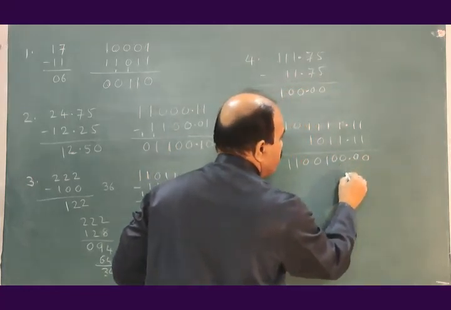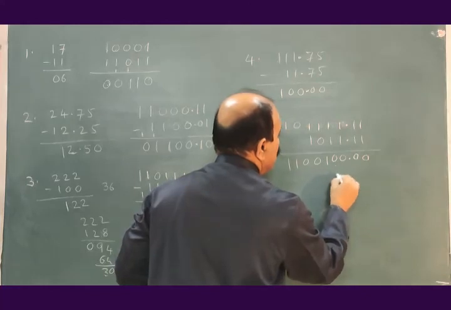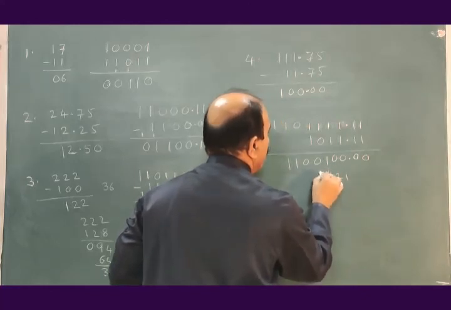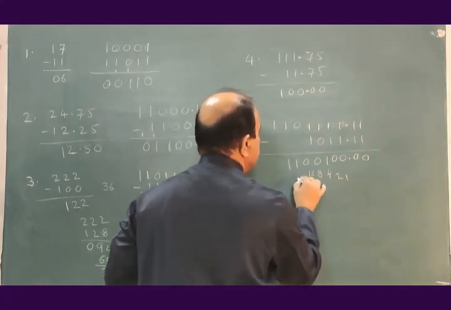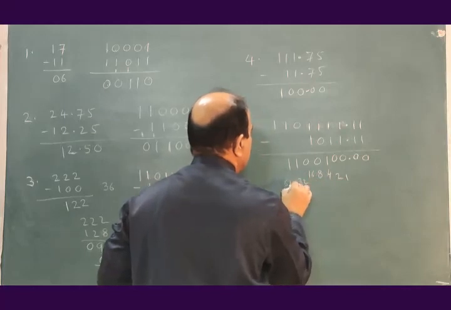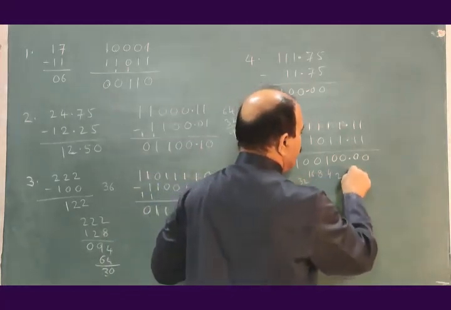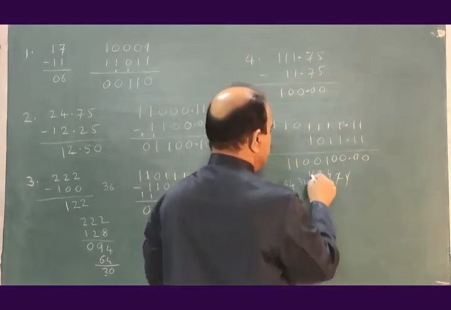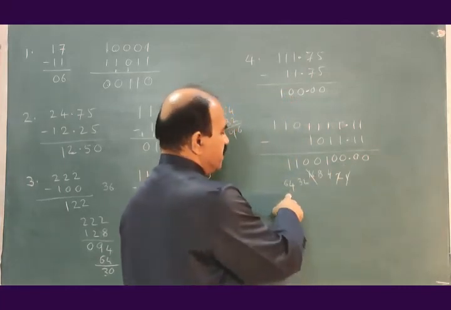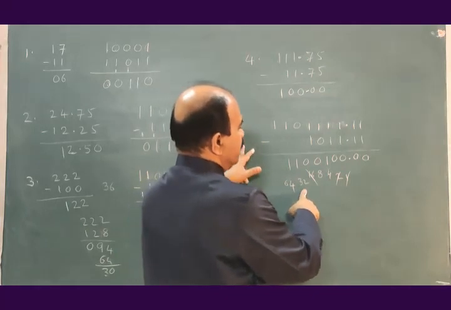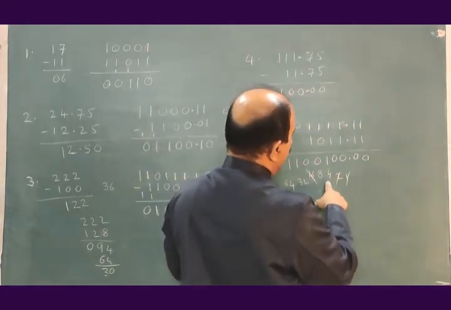Weight corresponding to this is 1, 2, 4, 8, 16, 32, 64. Cancel the weights corresponding to 0. This is cancelled, this is cancelled, this is cancelled. 64 plus 32, 96. 96 plus 4.